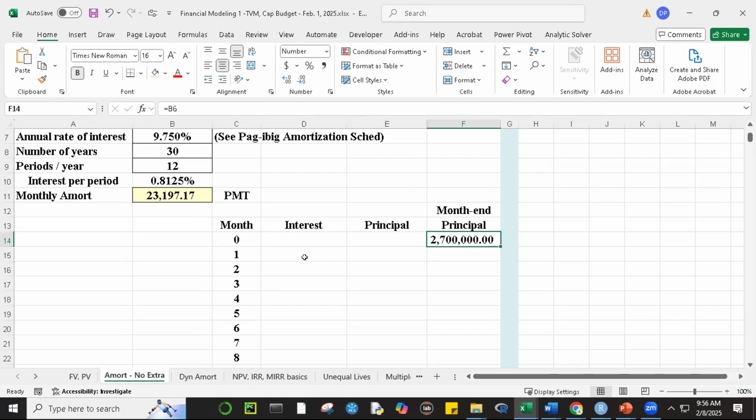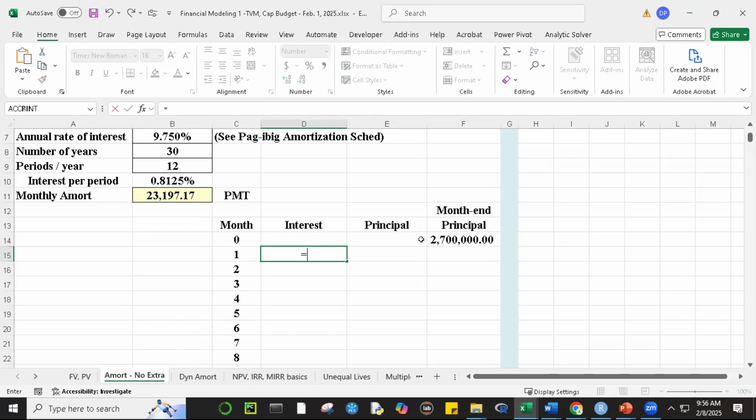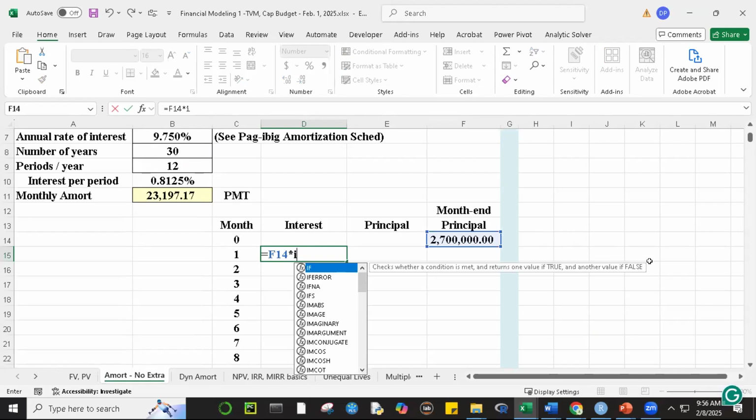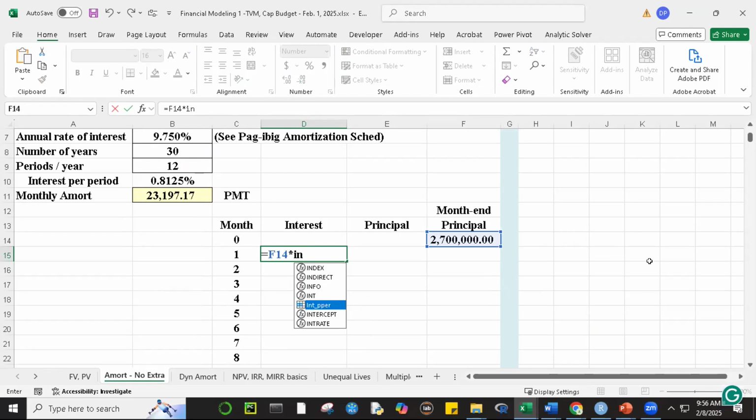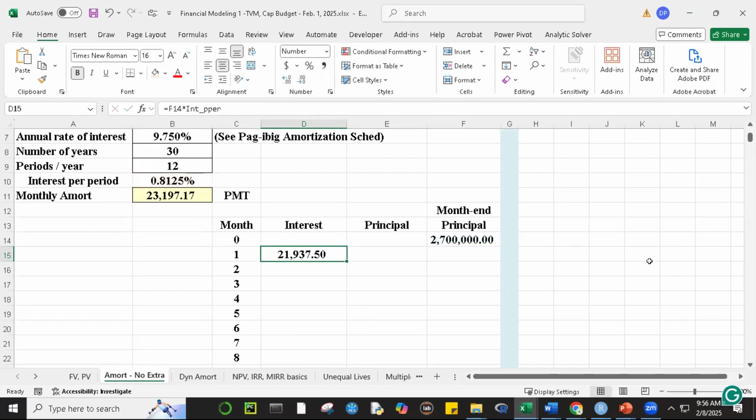So let's show this. This is equal to whatever was the balance last period, multiplied by the interest per period. Control Enter. We got this. So take note of the 23,000 we're going to pay for month 1, 21,000 will just go to interest.